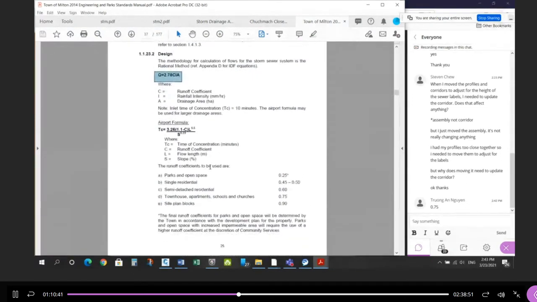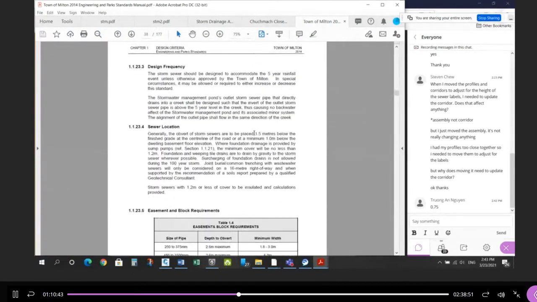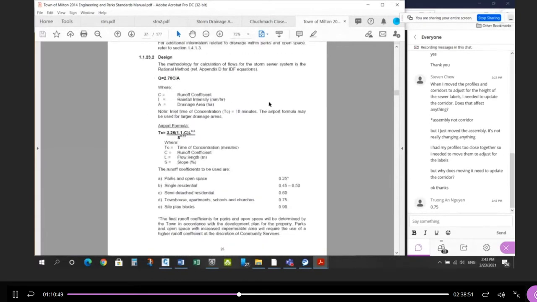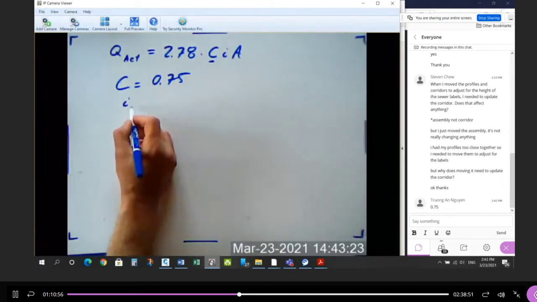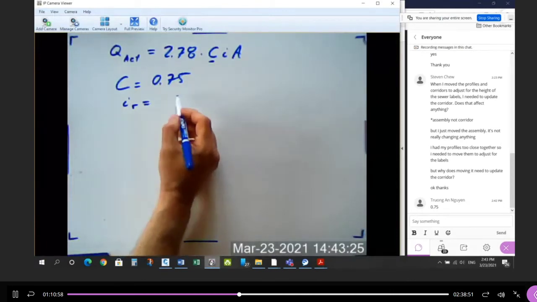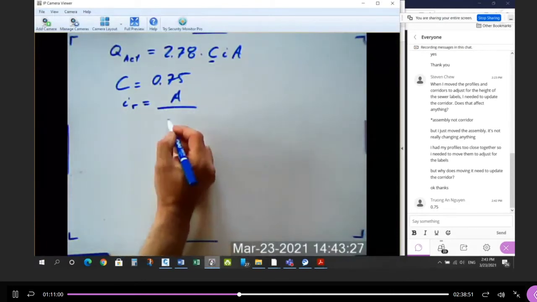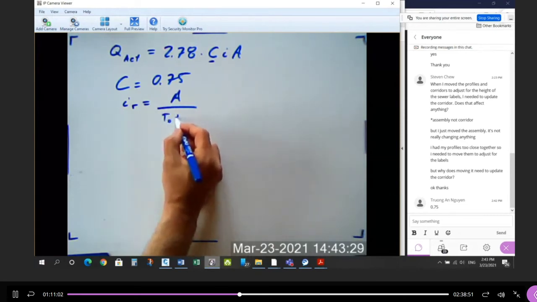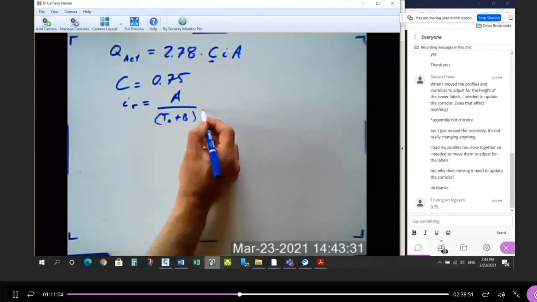It tells you that the rainfall intensity, the design frequency is the 5-year storm. So to design for the 5-year storm, we need to determine the rainfall intensity. The rainfall intensity is a formula that looks like this. Remember I, this is going to be the 5-year. It's going to be a formula that looks like this: A divided by T naught plus B to the exponent C.